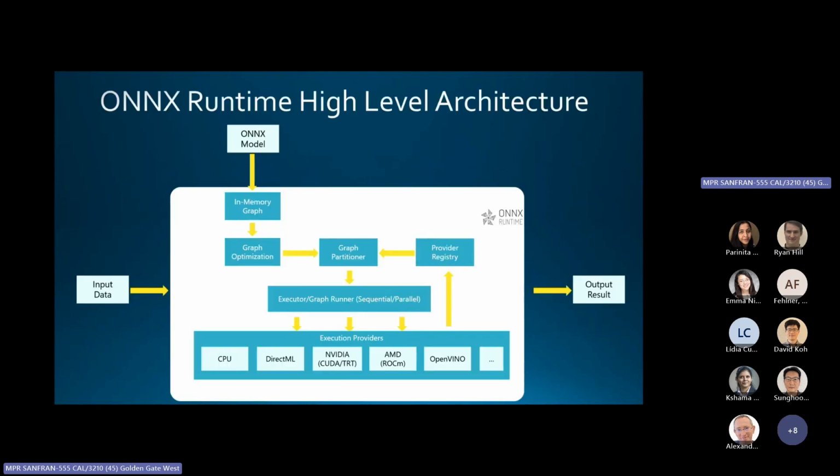So here is the ONNX Runtime high-level architecture. It's a very extensible architecture. The idea is these execution providers, we call them EPs. An execution provider is a plugin framework that allows all the hardware vendors to implement their hardware-specific acceleration as a plugin into ONNX Runtime.